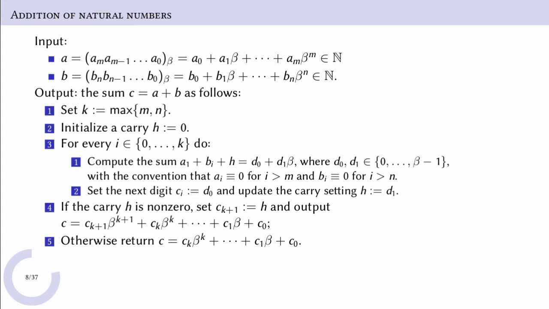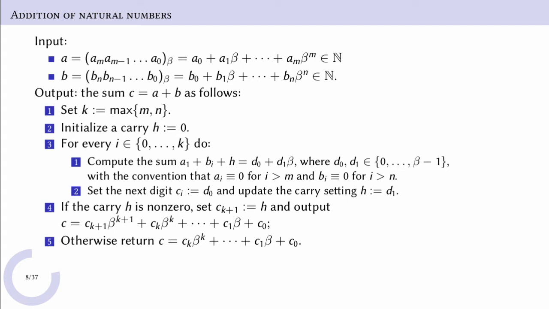And so in order to compute the sum of two integers represented again as sequences of digits at a given base beta, we do almost the same thing as we do for polynomials, but we have an additional auxiliary variable c that is a carry.